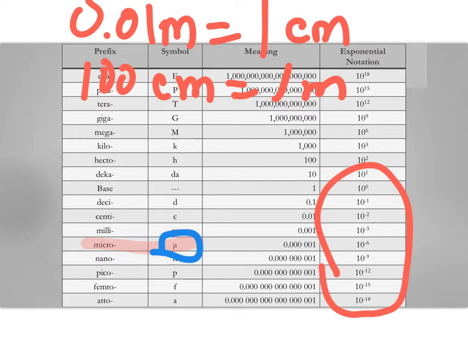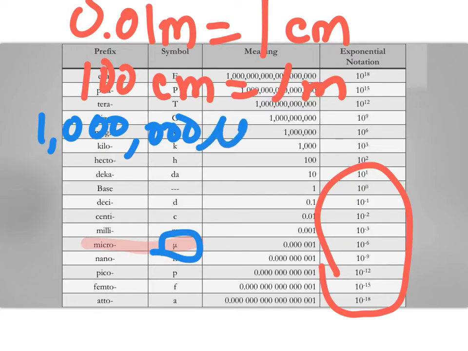So if you have 1 million micrometers, that will be equal to 1 meter.